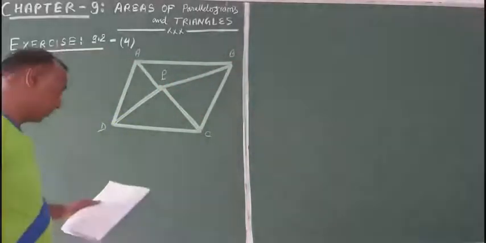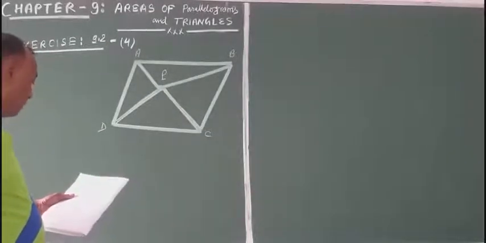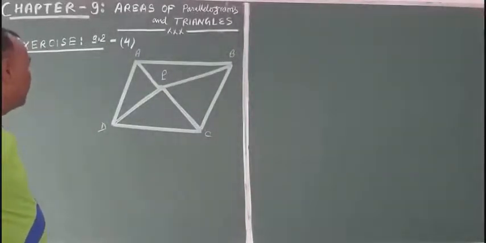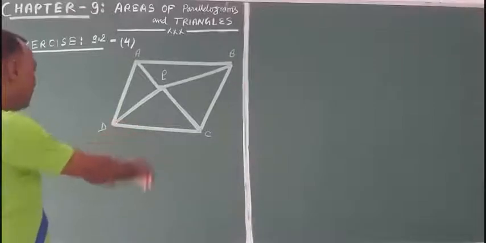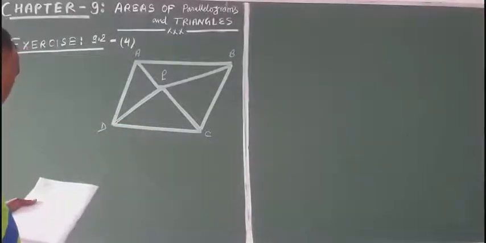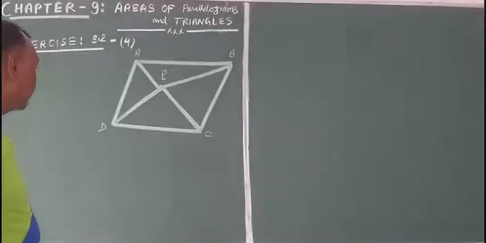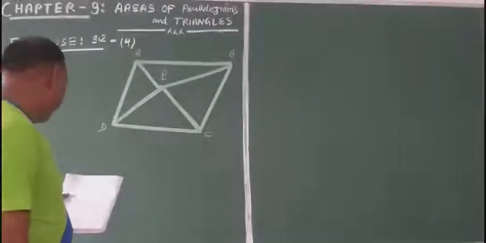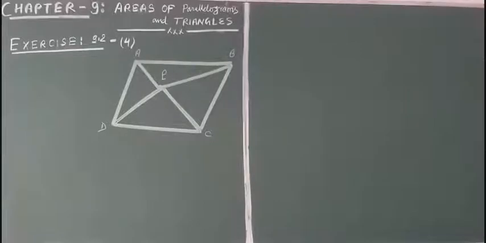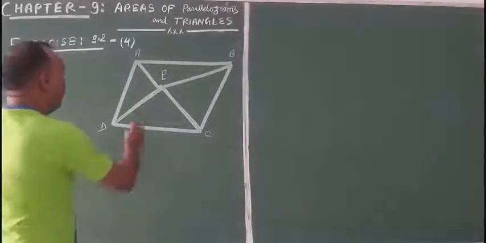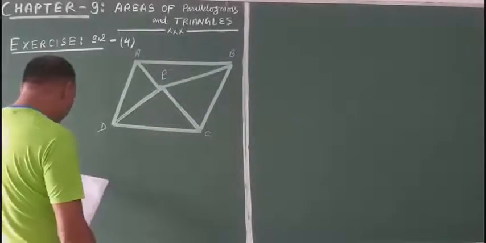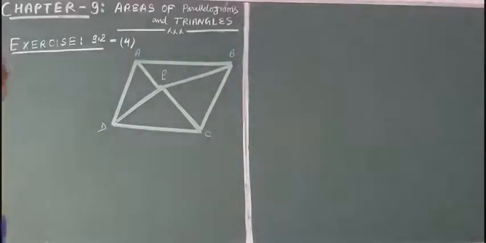To prove that area of APB plus PCD is equal to half of area ABCD, and the second part is area of APD plus PBC is equal to area of APB plus PCD. So what you have to prove?